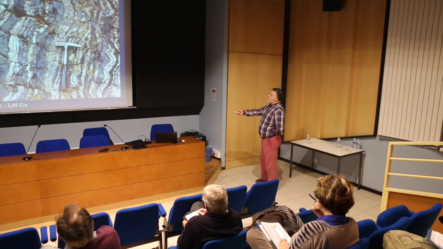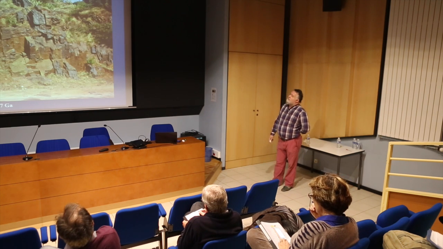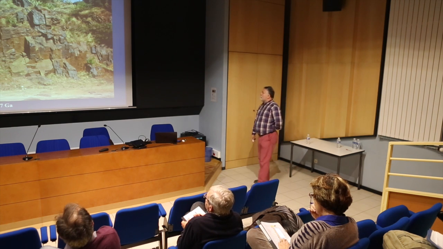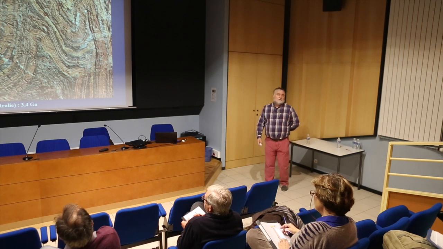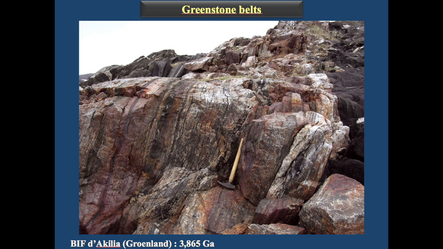Here this is one from Finland. There is, for instance, this one that is coming from Sandur in South India. This level, where you have seen, I suppose, a sample yesterday, coming from Gorge Creek in Australia. And this one, here, I show you a picture from Isua.